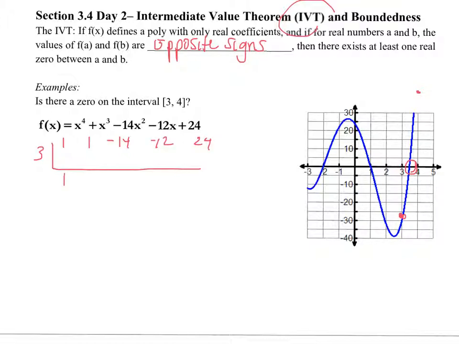And we find that f of 3 is equal to negative 30.